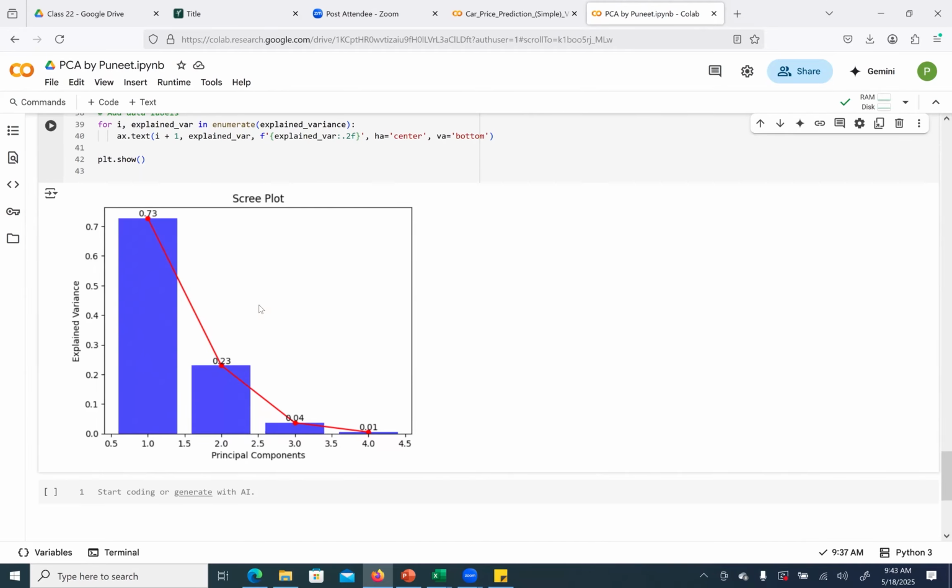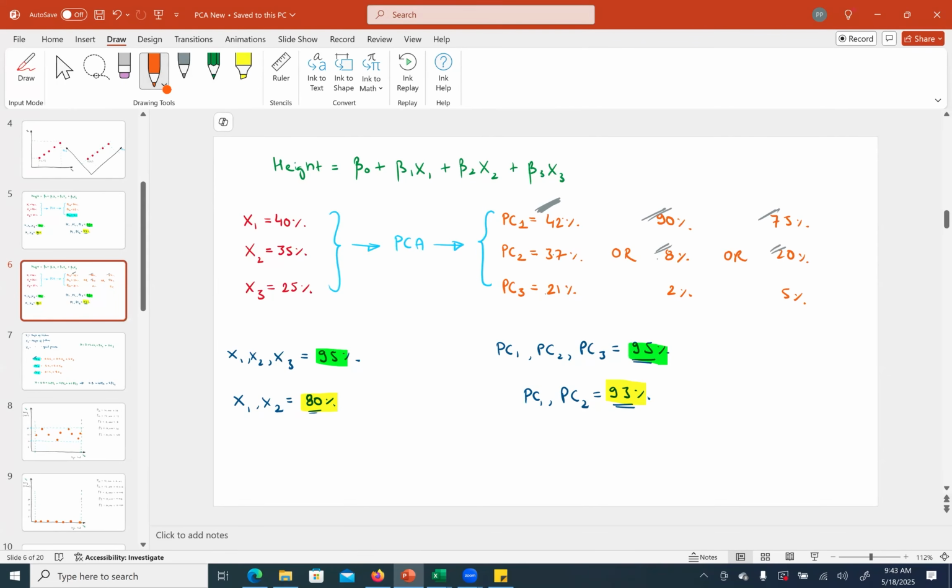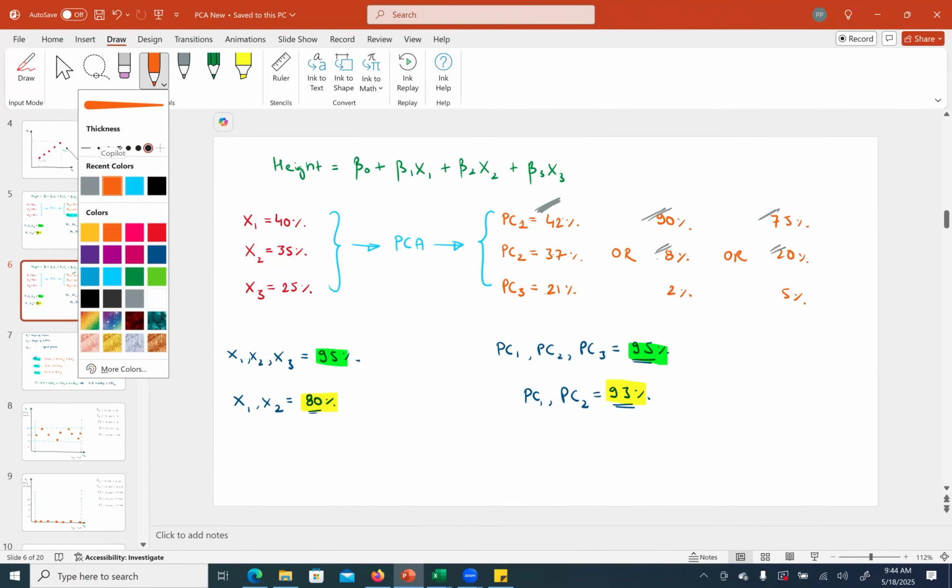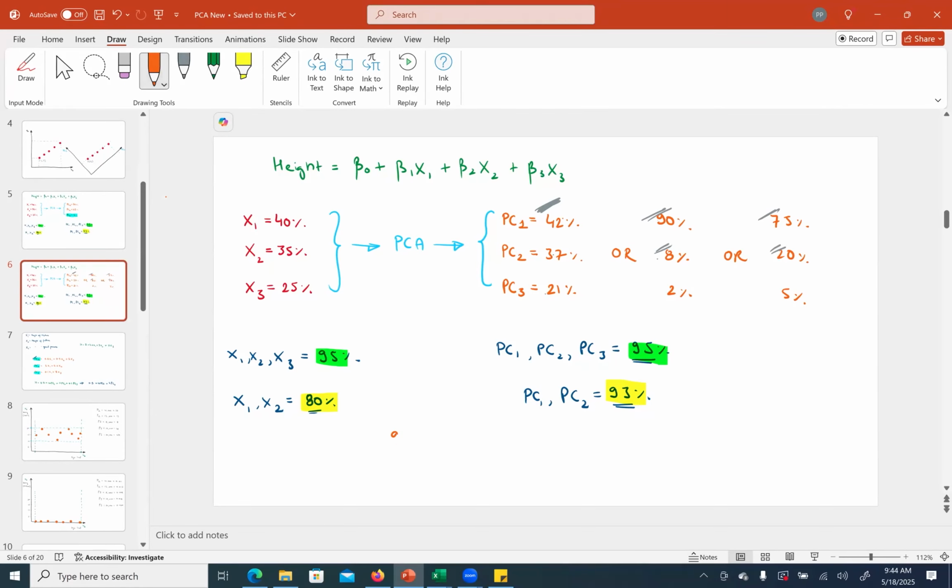The person has created two groups: group one is random forest and AdaBoost, and in the second group the person put decision tree and logistic regression.